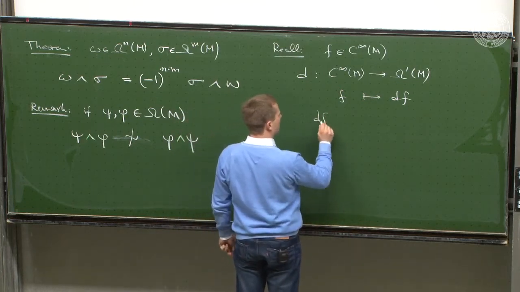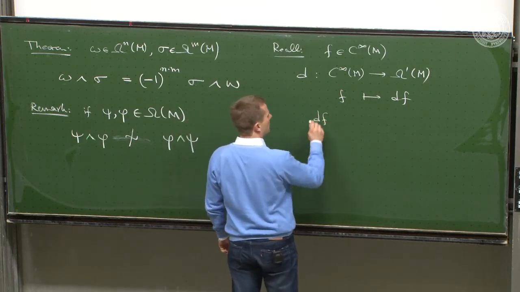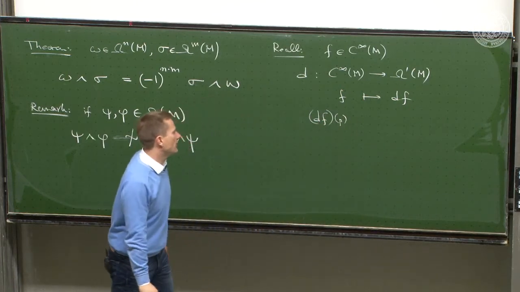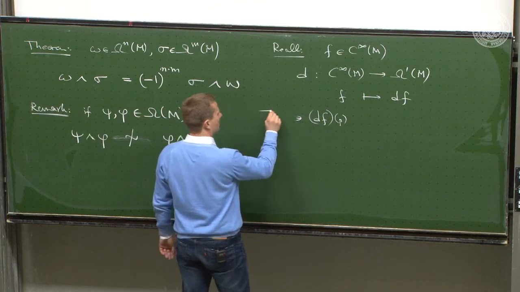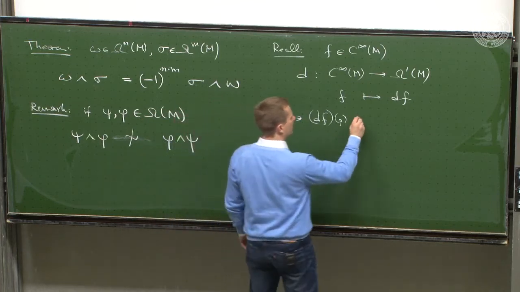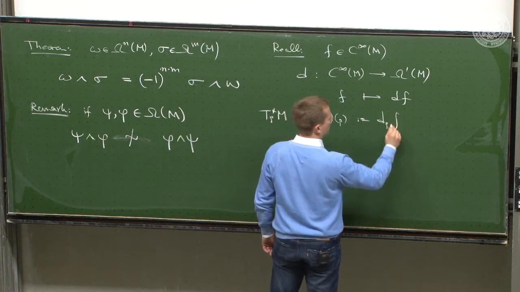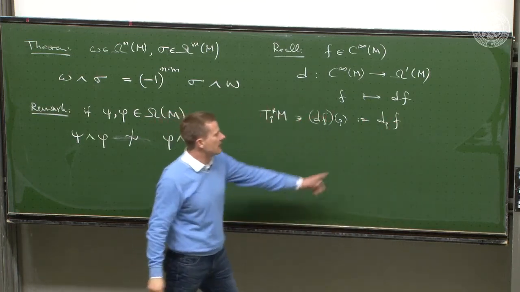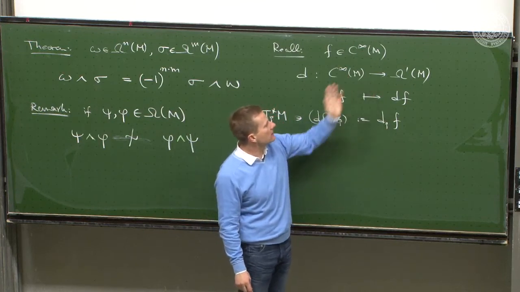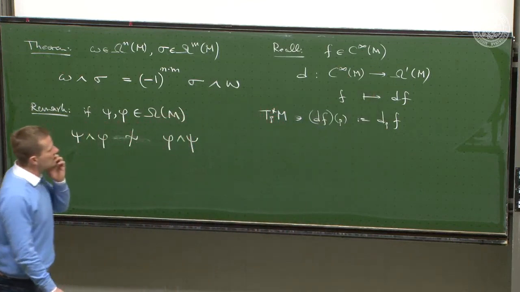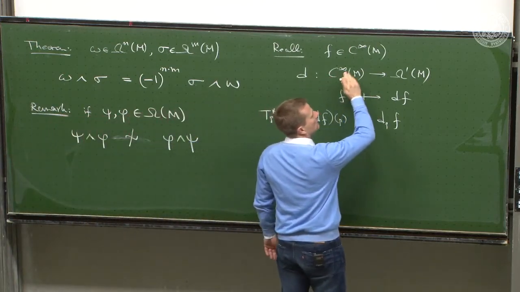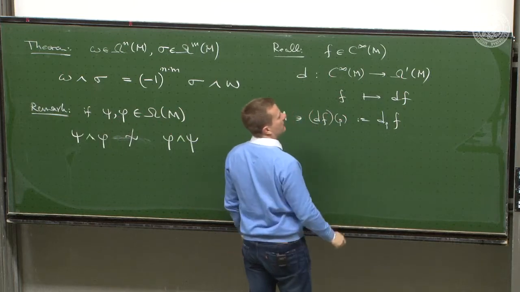Well, why is that? Because I can define this one form at a point. If it's a one form, then at the point it makes it an element of the cotangent space, right? And I can define this by what I wrote down before as d sub p f, and this we defined. Now we do this at every point, and of course we get this extension of the d_p to a d that takes a function to a covector field.